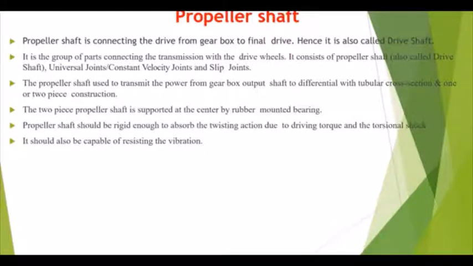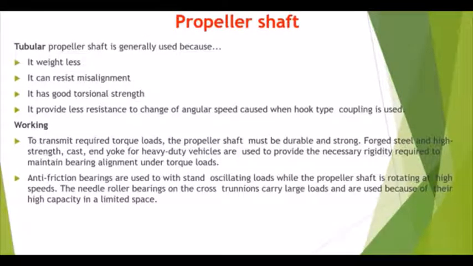It should be higher in strength and should resist any vibrations provided by the vehicle. The propeller shaft is a tubular shaft, which is lightweight, has good torsional strength, and provides less resistance to angular speed, which is usually caused by the hook type coupling.